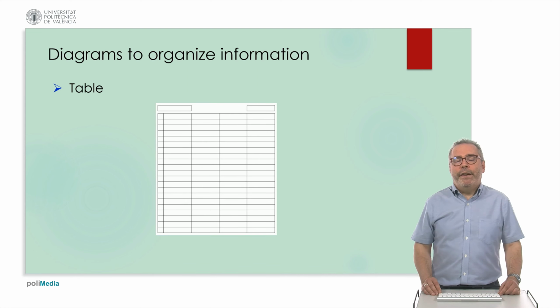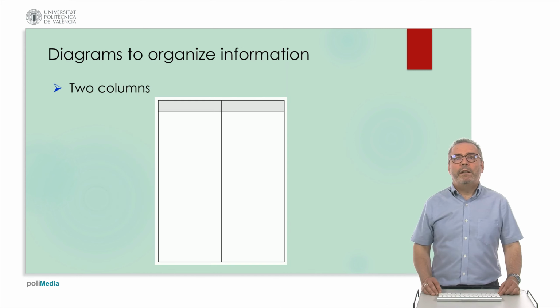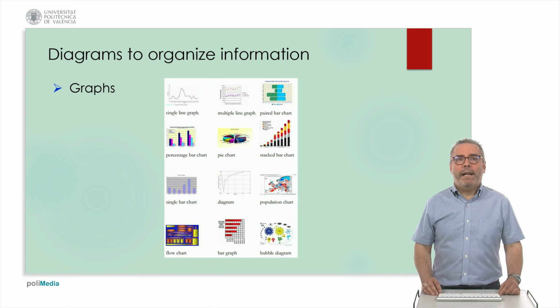Tables are very important types of organizing information, and we have very many different types. We have timelines that organize information around time, and columns that can help to organize information as well. And last, we have graphs, many different types of graphs. Here we have different examples to organize basically numerical or facts and figures or statistical information.